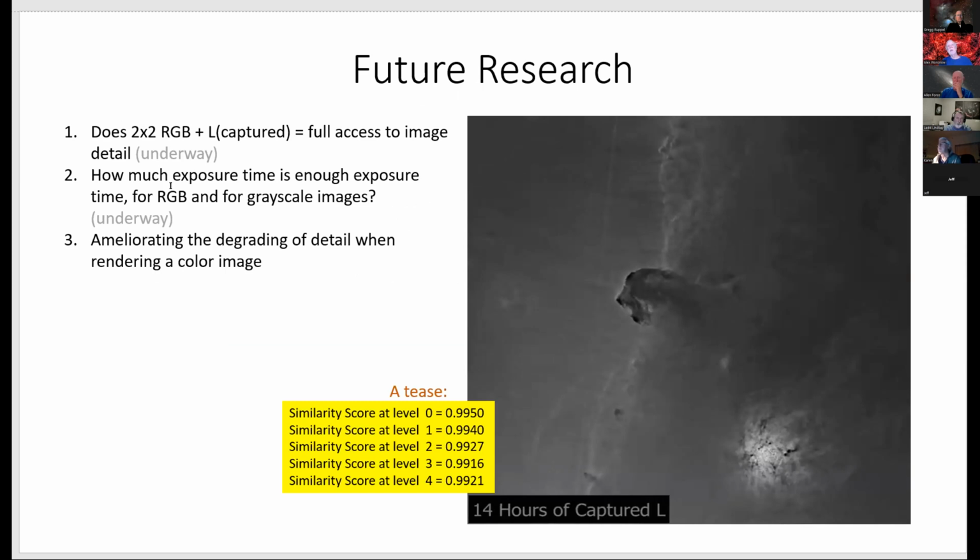How much exposure time is enough? That involves us taking a number of L subs, making an image out of them, taking maybe twice that many, making an image out of them, and so on, and then comparing them step by step and seeing when you don't get any improvement in image detail.